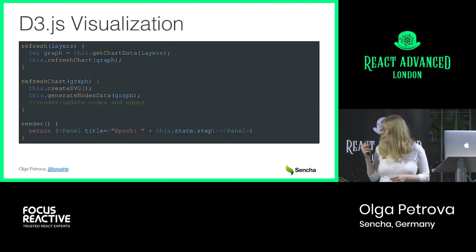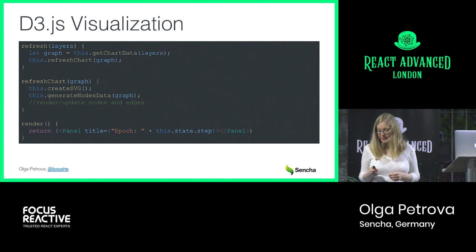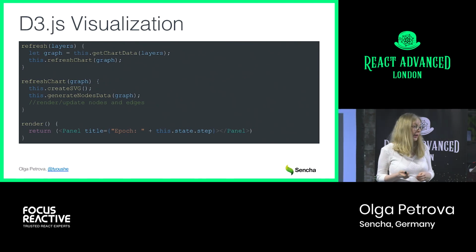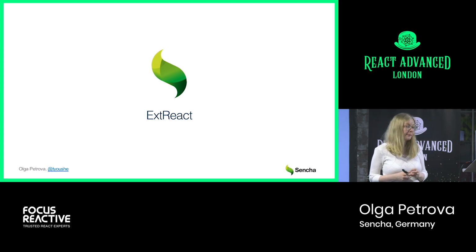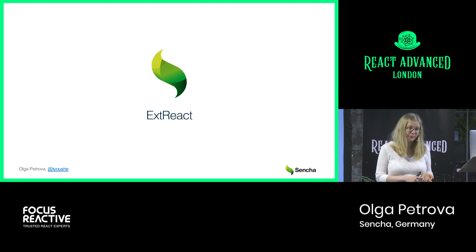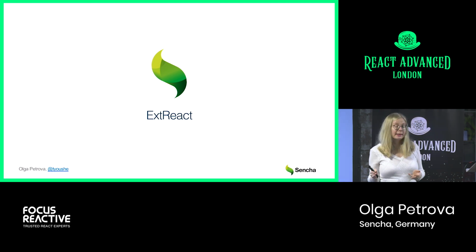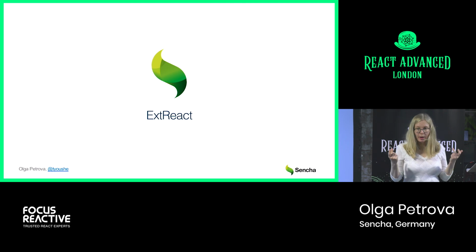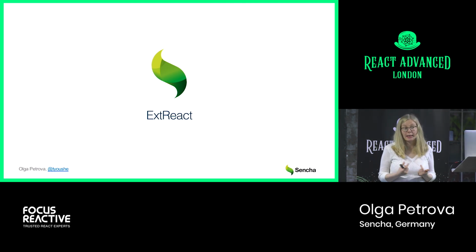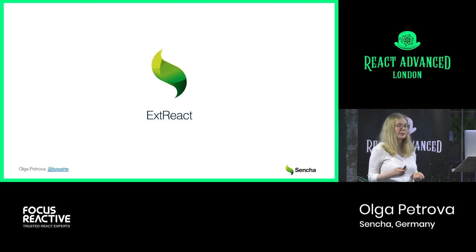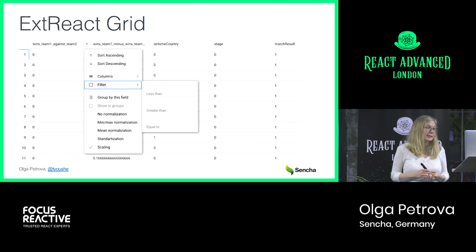Actually, this panel component that I have used in the render function is an ExtReact component, and I use several ExtReact components in my project. I use a tab panel to switch between the train and test data sets. I use a toolbar, combo boxes, number fields, buttons, and I use grids to visualize my test and training data sets.